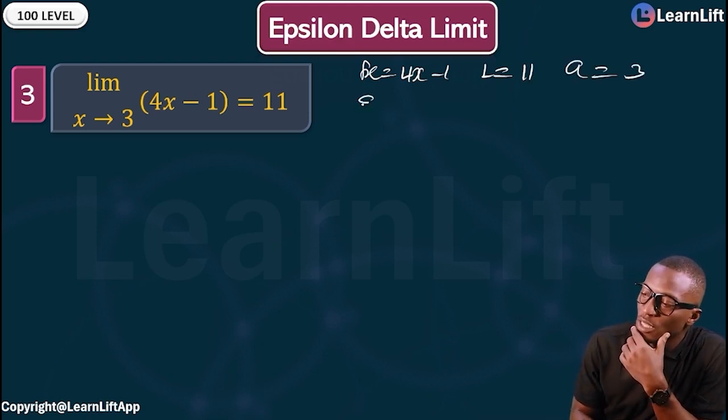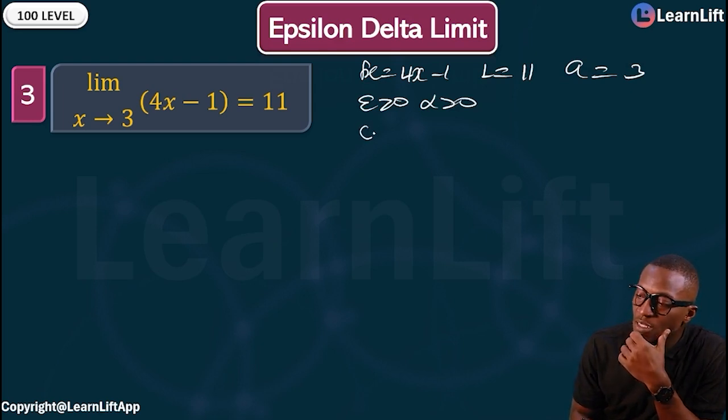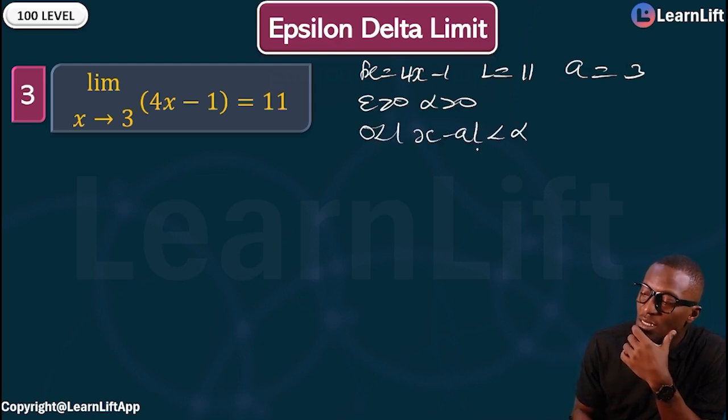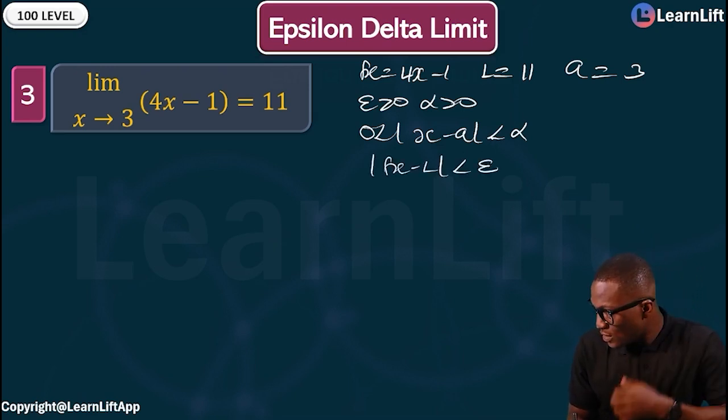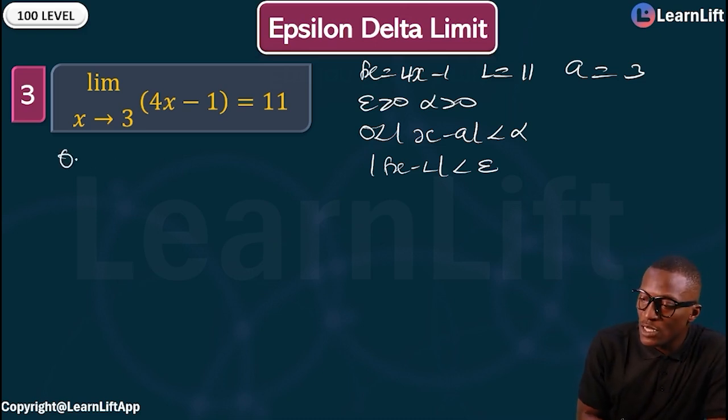What's the definition? For epsilon greater than 0, there is delta greater than 0, such that 0 is less than absolute x minus a, less than delta, such that absolute f of x minus L is less than epsilon. So let's put that in: 0 less than absolute x minus 3, less than delta.